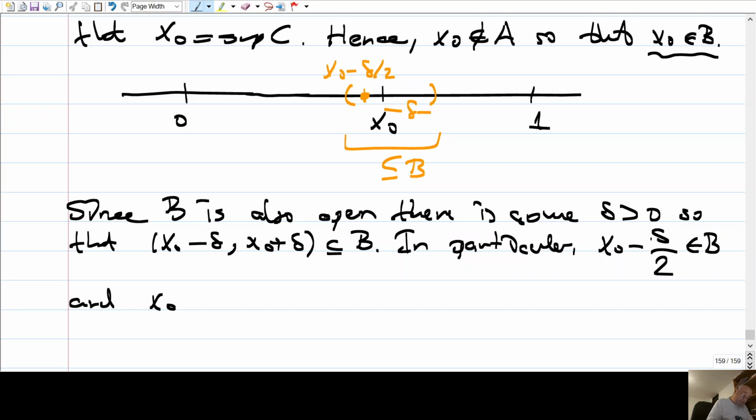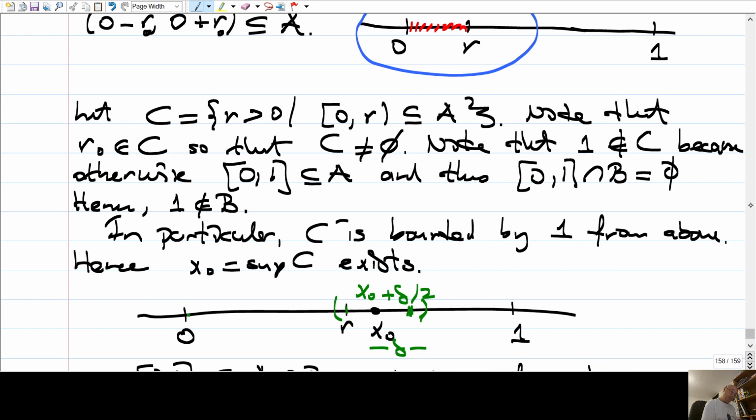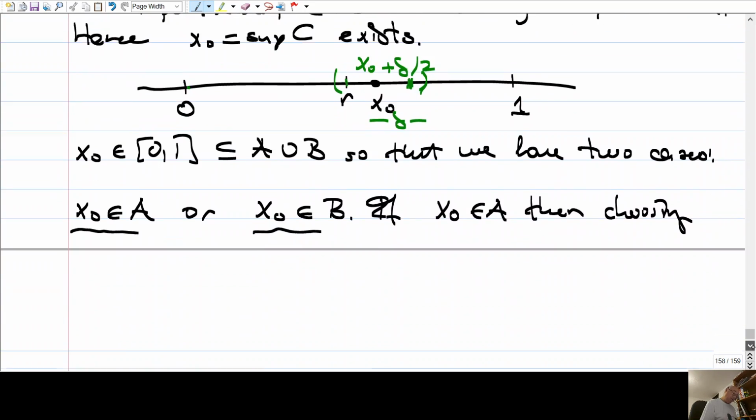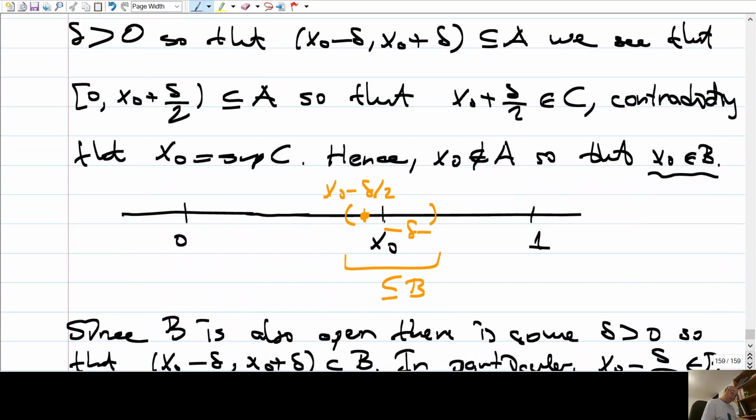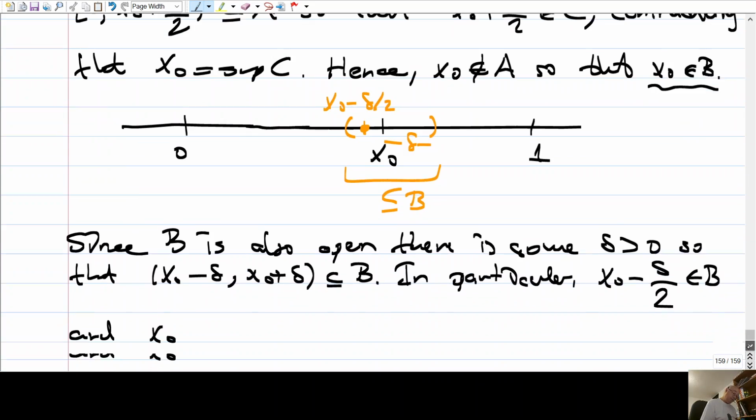and it is less than x0, and I know that everything between 0 and x0 lies inside C, right? C is so that you start from 0 up to R, it all lies in A. Therefore, and x0 is the border with that property.